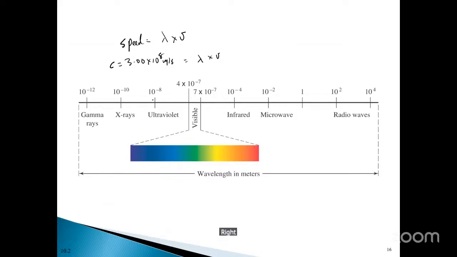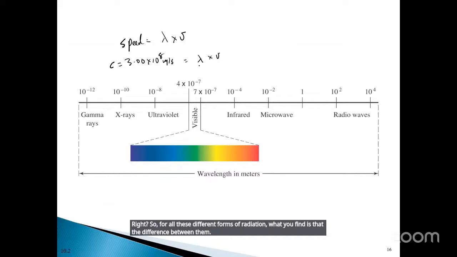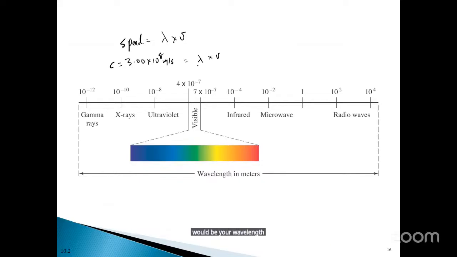So for all these different forms of radiation, what you'll find is that the difference between them would be their wavelengths and therefore their frequency, because the wavelength times the frequency gives you the speed of the radiation, all right? So at the low end in terms of wavelength are the gamma rays, and then you have the X-rays, and then you have the ultraviolet rays, and then you have the visible region.